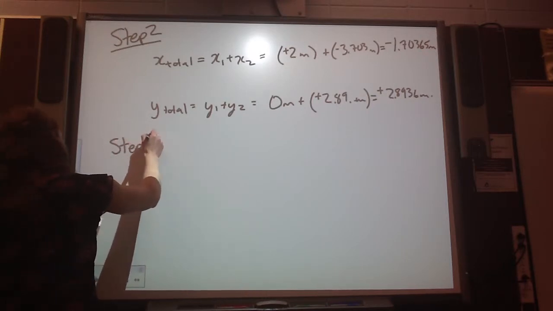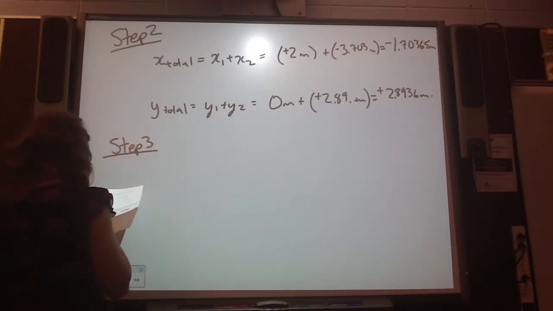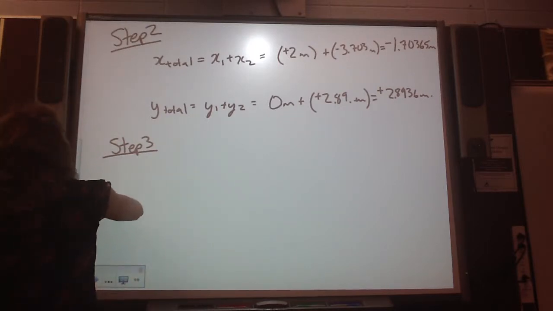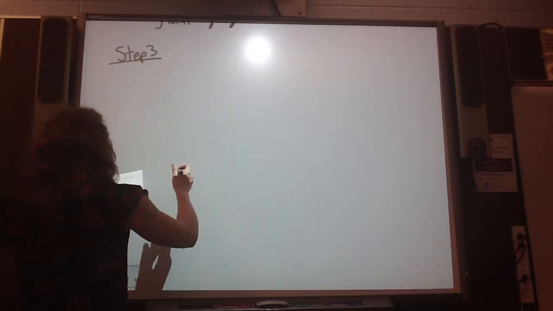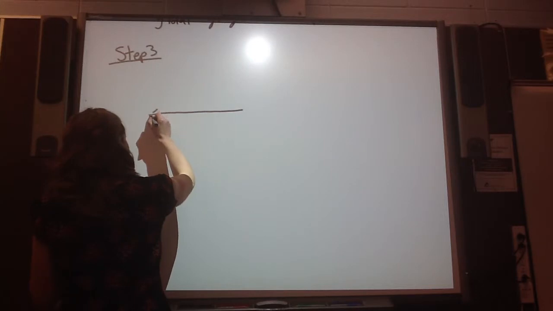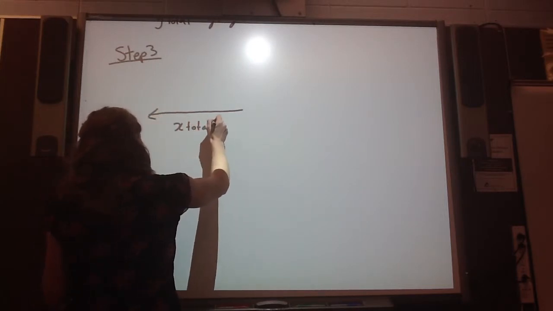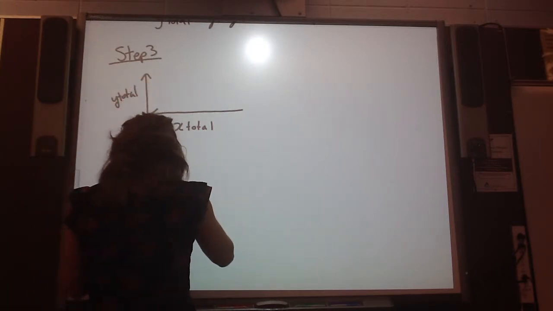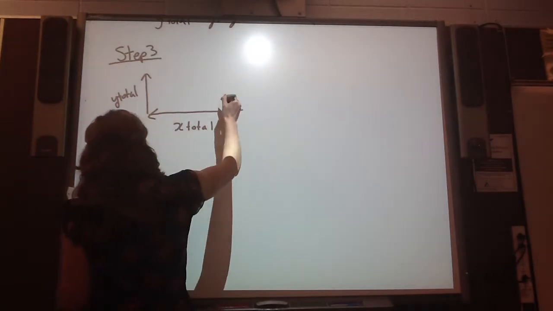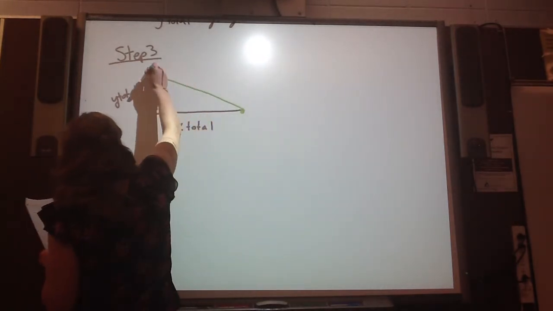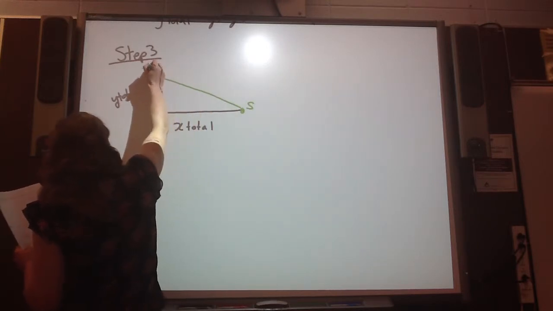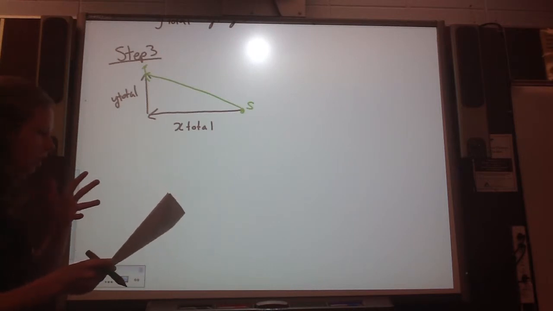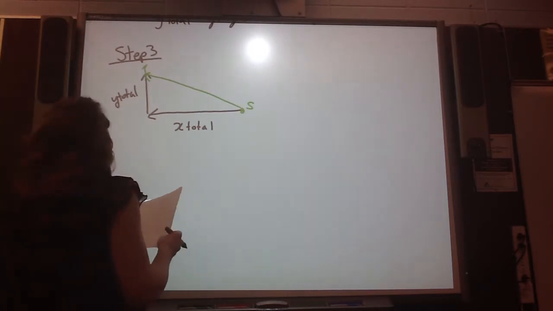Now we do step 3. So now we can draw all of our vectors together. So I'm going to draw, going over, here is my x total, and here is my y total. Now I can figure out from start to finish what is the resultant overall vector considering I did those two things.